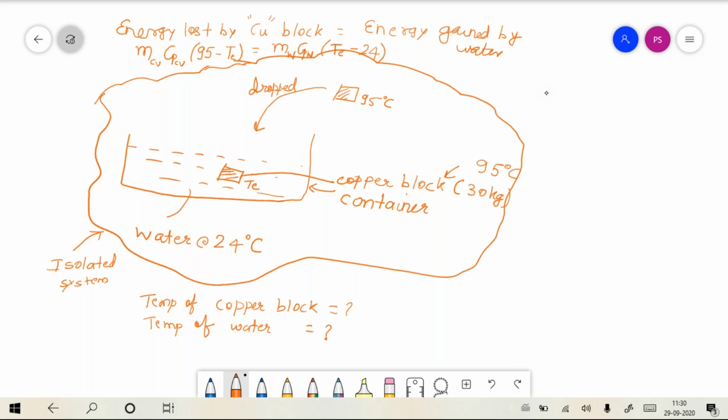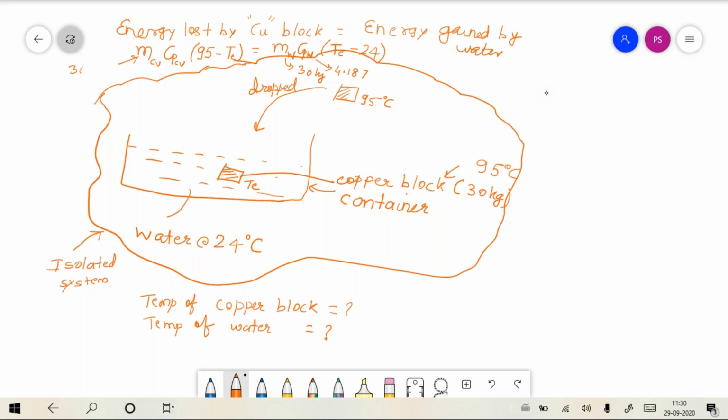Now solving this, what is the mass of water? It is 30 liters, which means 30 kgs of water. Cp of water you know, that is 4.187. The mass of the copper is given as 30 kgs, and the specific heat of copper is given to be 0.386.